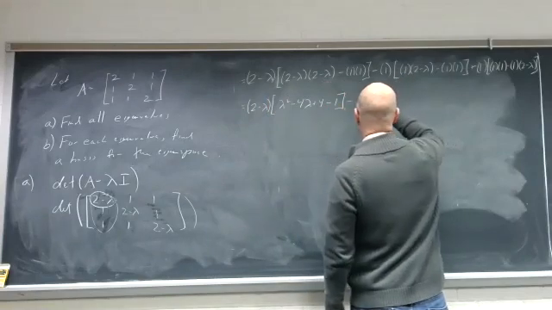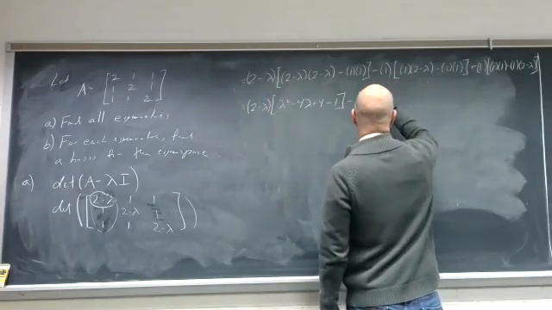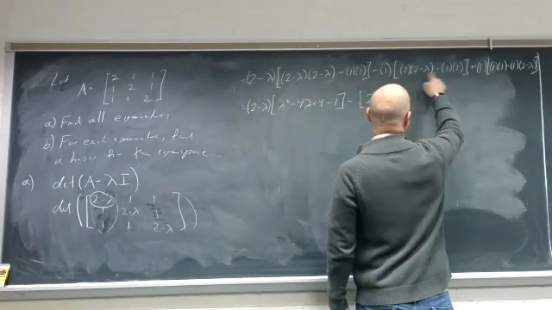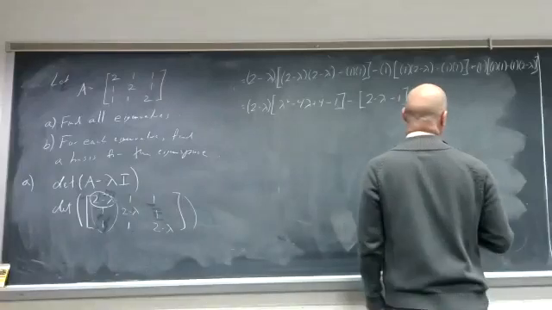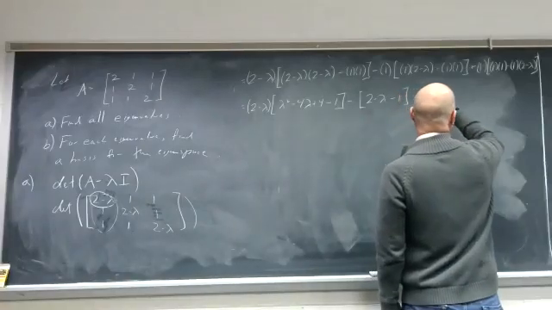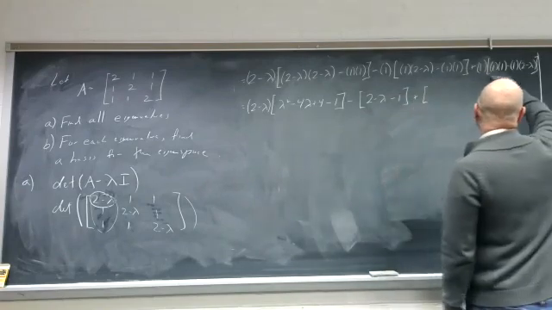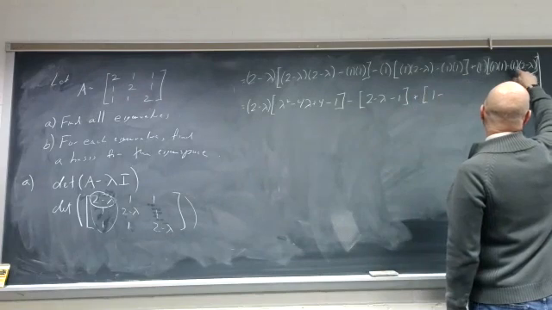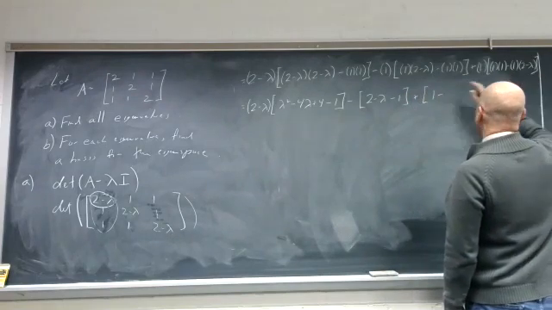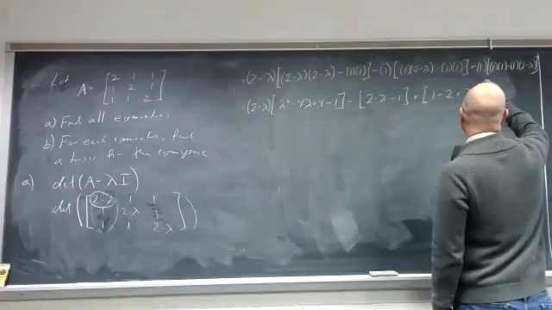Minus 1 times, so I don't even have to write the 1 times, 2 minus lambda. Minus 1. Plus 1 times, I'm not going to write the 1 times, so 1 minus, we'll distribute that minus sign in, minus 2, minus times minus is plus lambda.